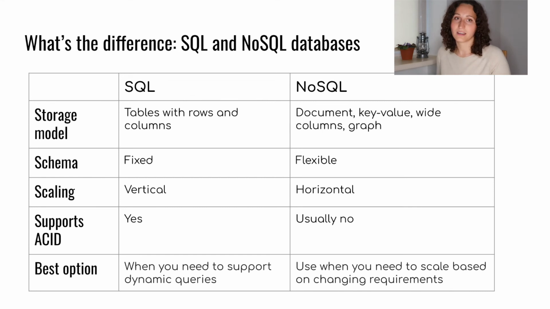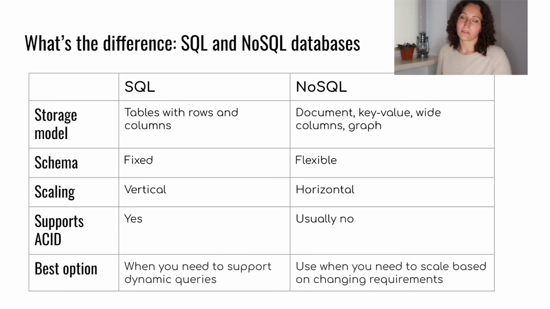NoSQL databases are everything else. Usually you don't have a strict predefined language for getting information, but you can change the schema, you can add additional fields to your schema, and it isn't necessarily tables, it can be graphs or documents or anything else.